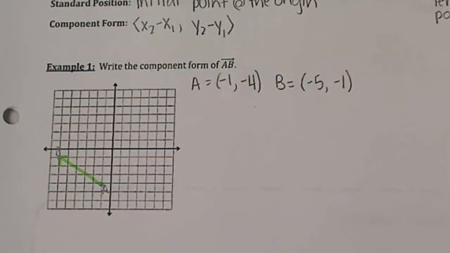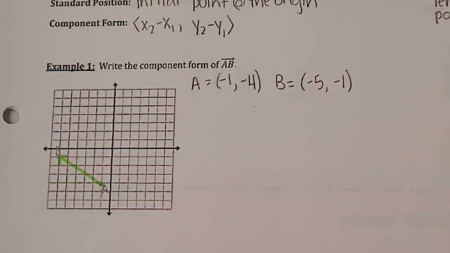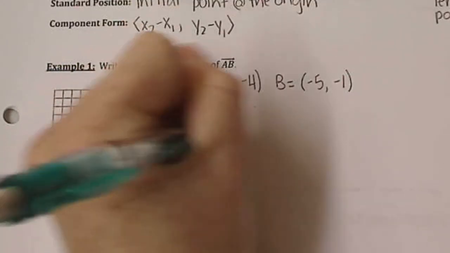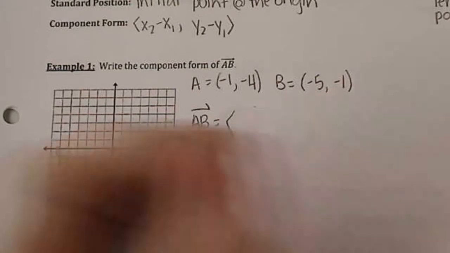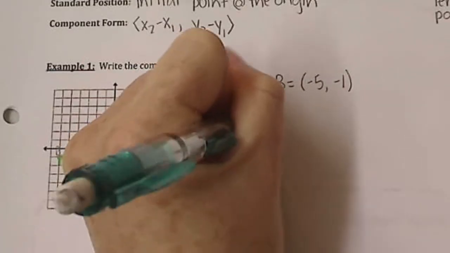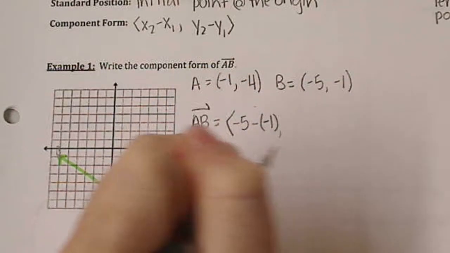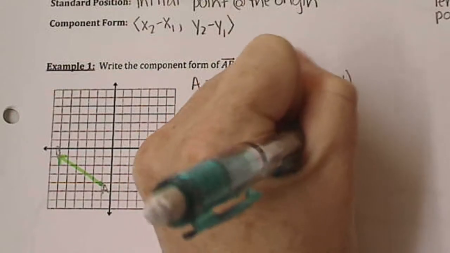And to find the component form, we already have our formula right up here. It's basically finding the slope of the line, only it's not a fraction. So vector AB, the component form, there's our funny looking parentheses, is -5 minus -1, and then a comma for the second point, -1 minus -4.